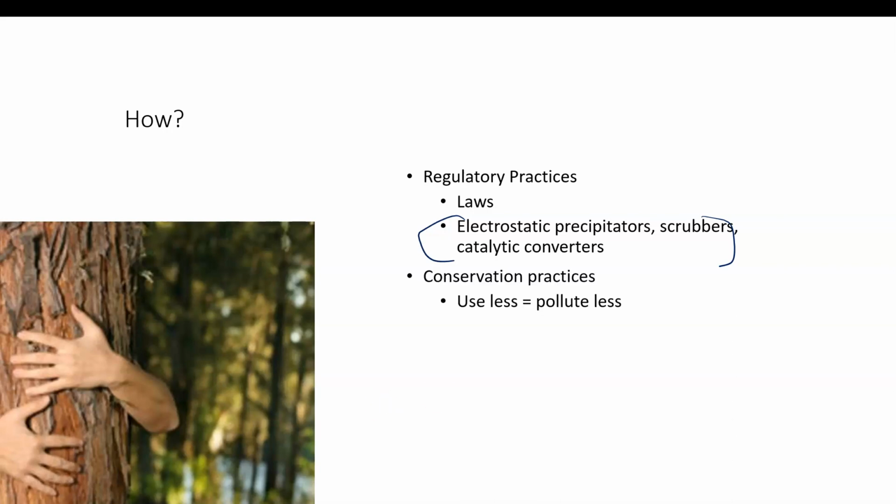We can implement conservation practices, which relies on the principle that if we use less, we will simply pollute less as a result. Or we can look at alternative fuels. For example, we have a coal-fired power plant. We can relatively easily transition that over to a natural gas fired plant, and just by virtue of switching fuel types, get rid of or reduce many of the pollutants we would associate with that. So there are lots of ways we can go about reducing air pollution.